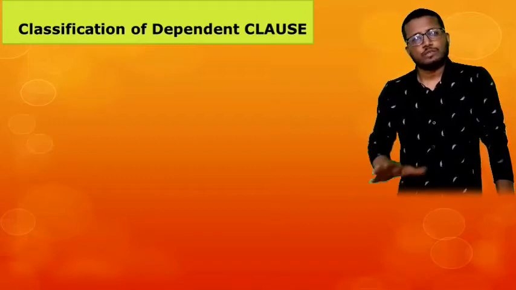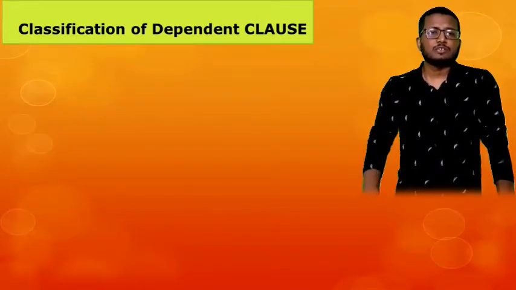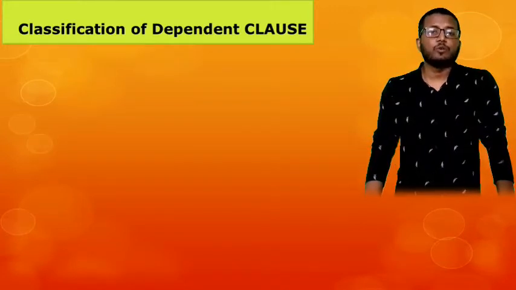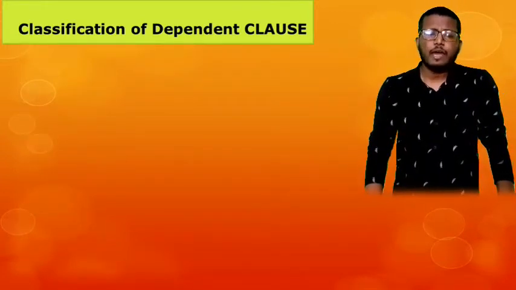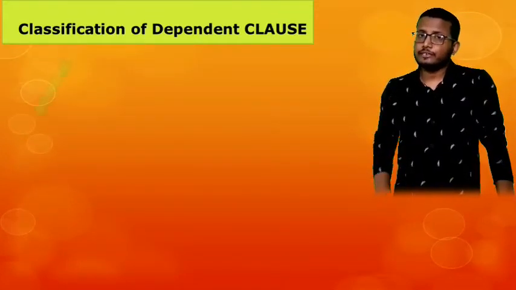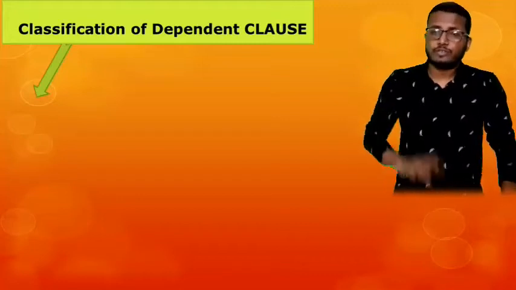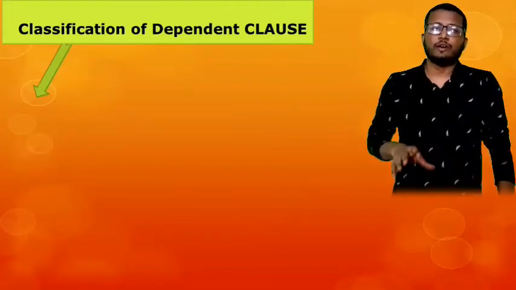So it has no classification. Now we are going to classify the dependent clause. As we know, the dependent clause depends on the independent clause in three ways, and depending on that, we classify it in three ways.